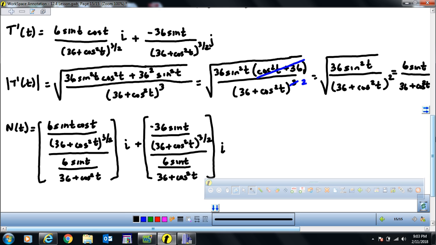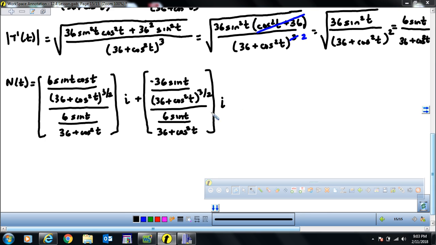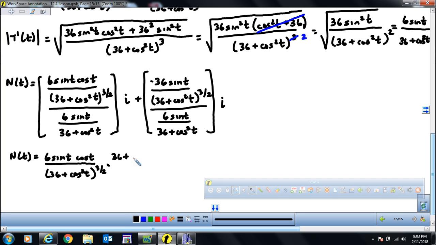But when we divide a fraction by a fraction, we multiply by the reciprocal, so we reduce it to this. Multiply 6 sine of t cosine of t over (36 plus cosine squared of t) to the 3/2 by the reciprocal of this, which is 36 plus cosine squared of t over 6 sine of t.